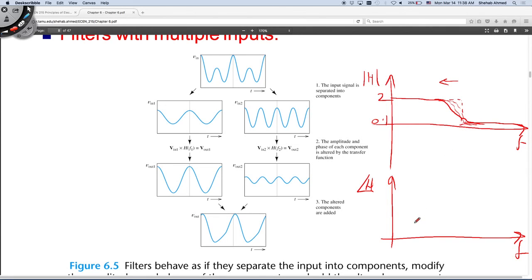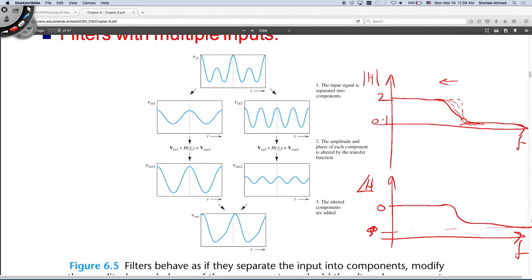How about the phase plot? In the low frequency, the phase changed by 0. There was no change in phase. How about on the high frequency side? There was a positive change in angle of, I don't know, 5 degrees, for example. So the angle looks like this in that case.